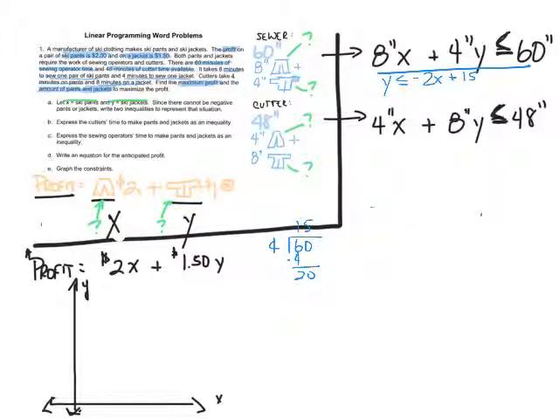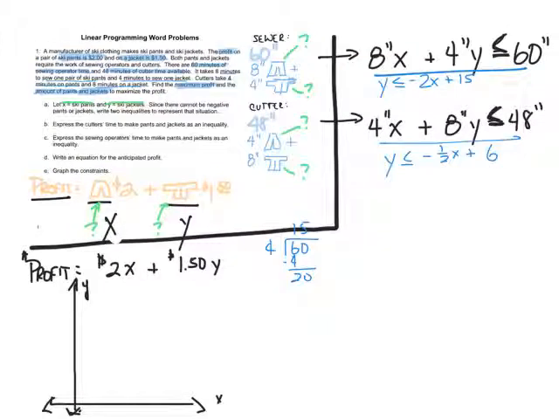Actually, this is easy math for you, so I'm going to pause here and just get it for you. Okay, so now we've got our two equations. And since most of you have already learned y-intercept and the slope-intercept form, here I've got two y-intercepts. One of them is 15, the other one is 6, so my scale should be fairly straightforward.